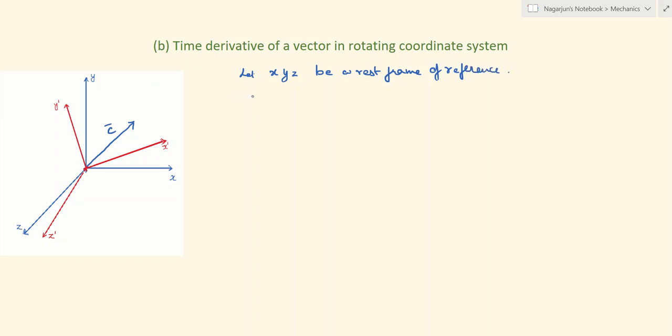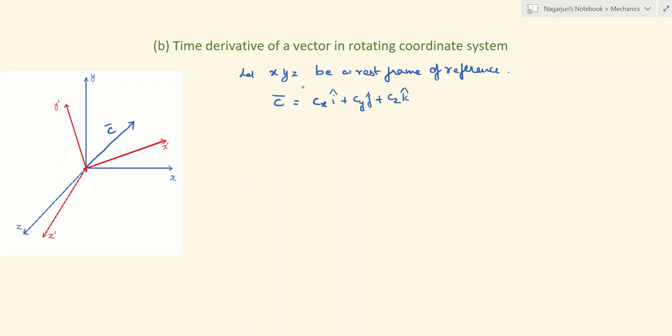C bar is equal to Cx i cap plus Cy j cap plus Cz k cap, where i cap, j cap, k cap are the base vectors with respect to the inertial frame xyz.